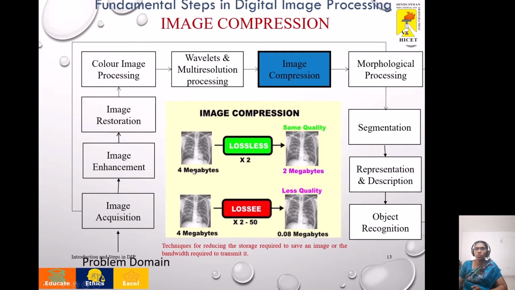In order to reduce the storage required for that image, we use a compression technique such that the image is reduced to 2 megabytes, but the quality is retained as such. But if you use lossy compression, the compression will be more. See, from 4 megabytes it has been reduced to 0.08 megabyte, but the quality will be less. So lossless or lossy compression is determined based on the application.